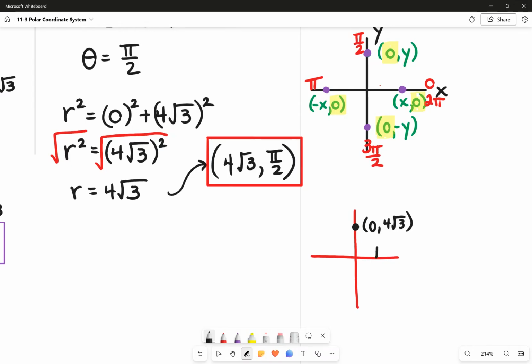And my rotation to that point is definitely 90 degrees, or pi over 2. Let me stick to pi over 2. So I rotated pi over 2. And what's the distance from here to here? That distance right there is 4 square root of 3. So that's my r. So visually it makes sense.